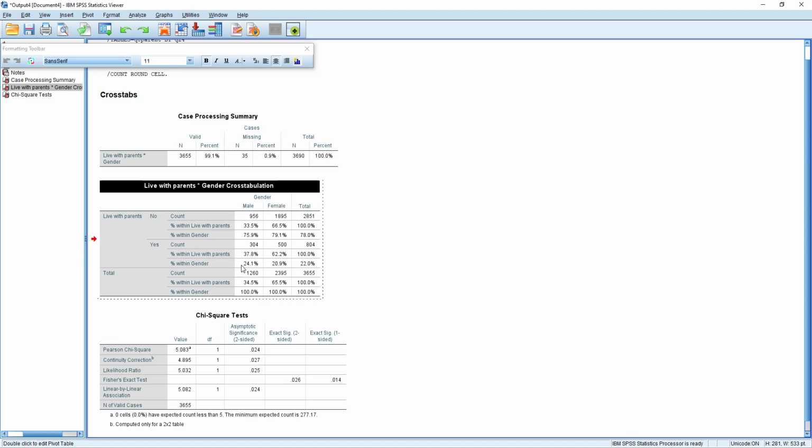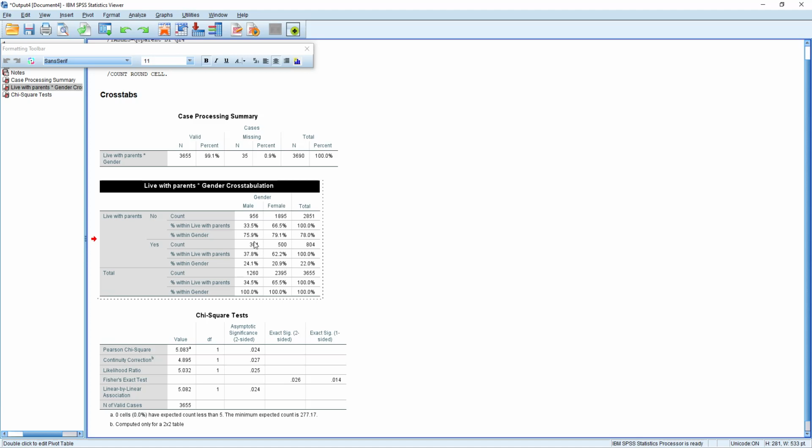And here we have the column percentage. We can see that of the male students in our survey, 24.1% of those students are living with their parents, and of the female students in the survey, 20.9% are living with their parents.